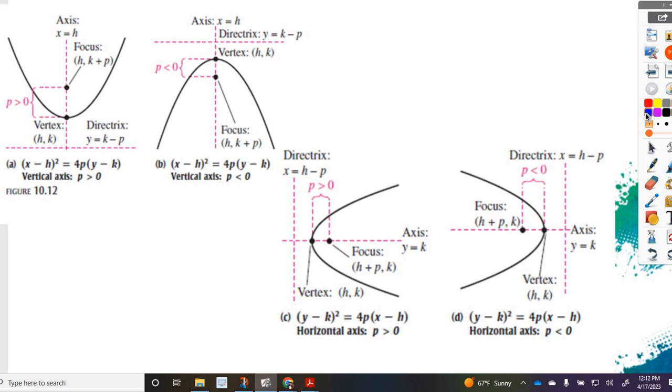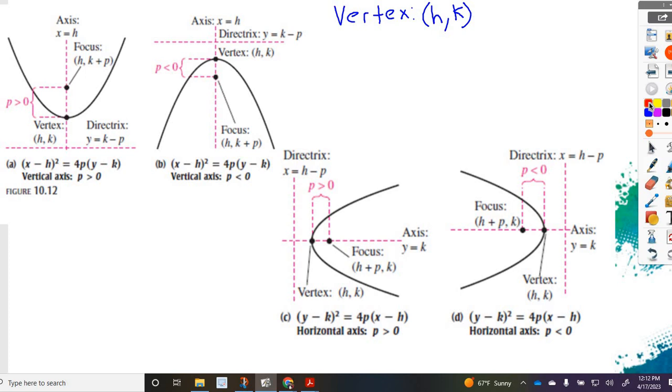The biggest thing with either one of these is that your vertex for both of these is at (h, k). And like I said, our directrix and our focus are both p units away from our vertex, or any point on your parabola, but we usually just end up caring about the vertex.